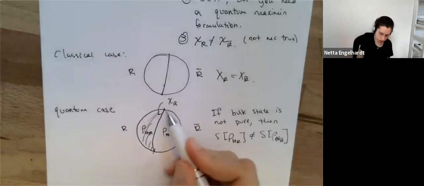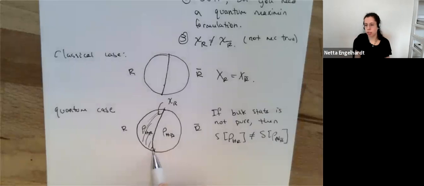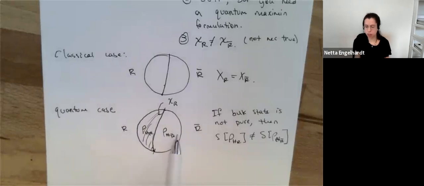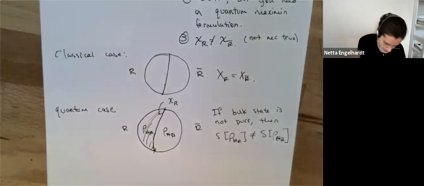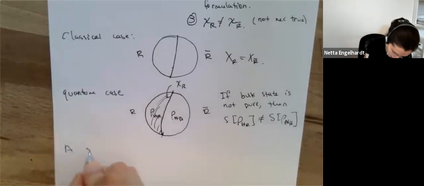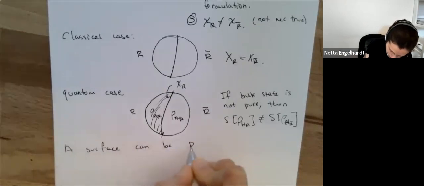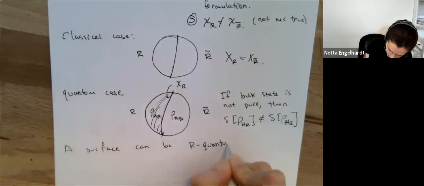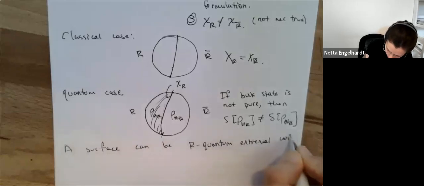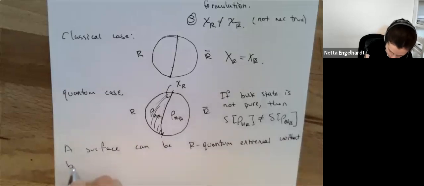And so this can be quantum extremal when evaluated via this entropy, but not quantum extremal if it's evaluated using this entropy. So a surface can be R quantum extremal without being R bar quantum extremal.